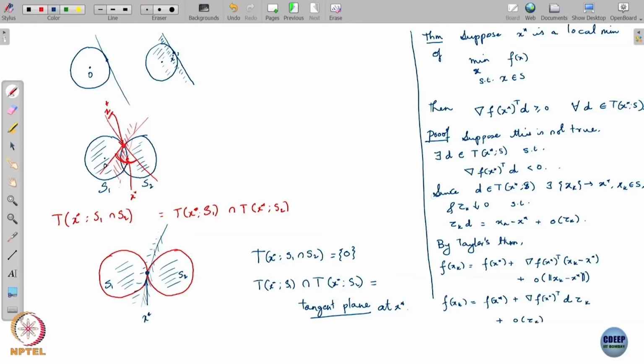So the small o of x k minus x star, I put that in, that will then become small o of tau k, by substituting.